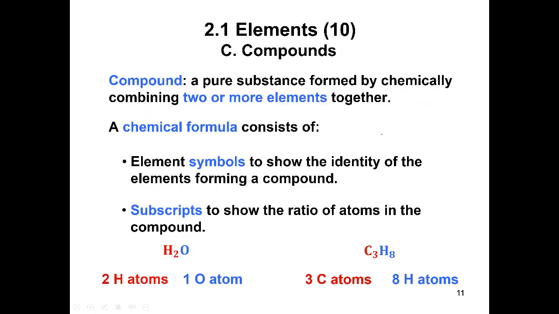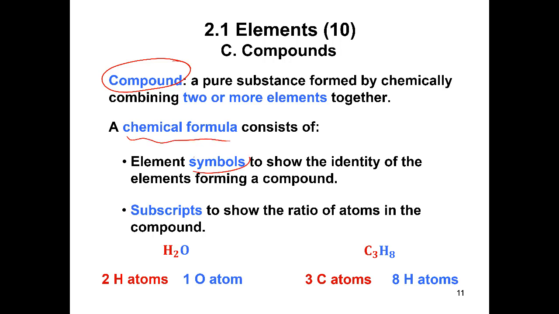These elements will combine together, and two or more of them get together and form what we call a compound. When we have a compound, we want to show people that I'm talking about water, or propane, or whatever. So I need a chemical formula, which is a shorthand way of showing that.